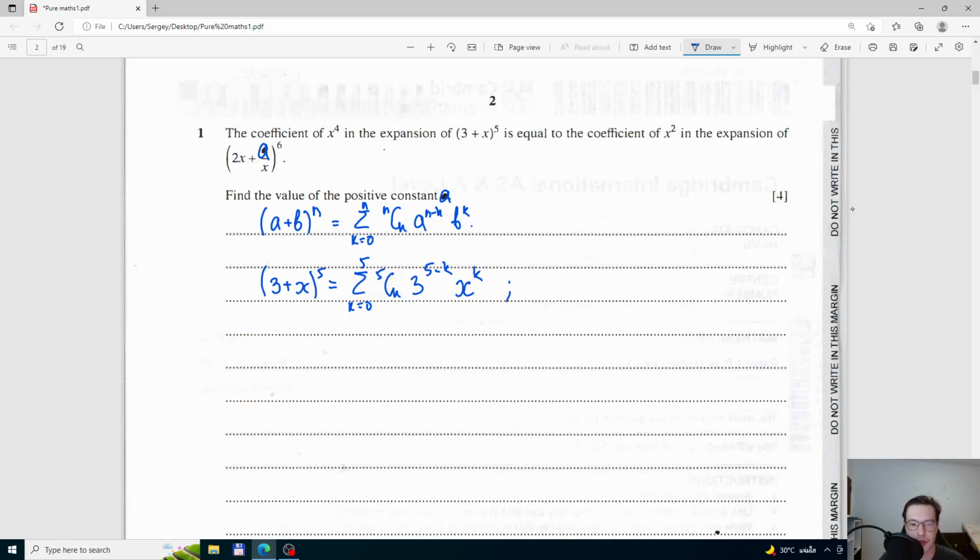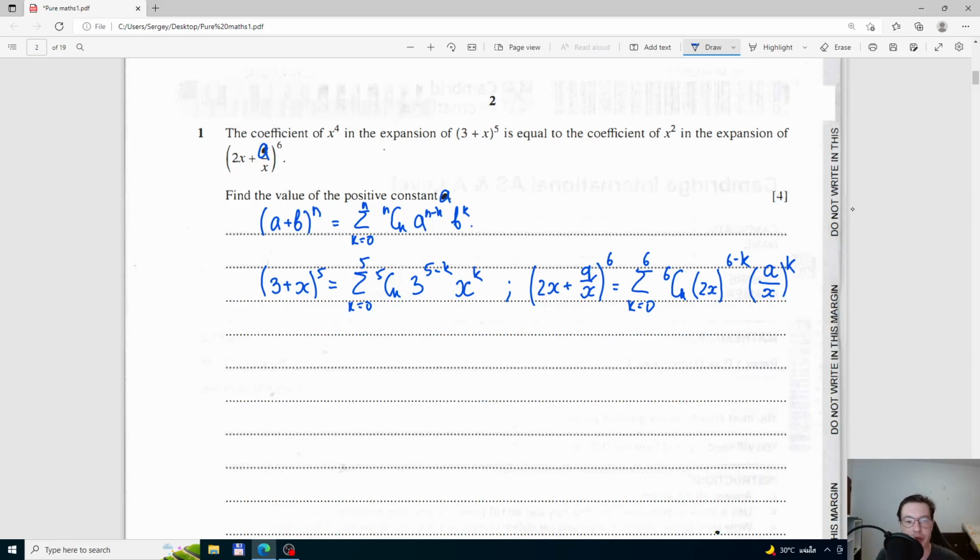And the second bracket will give us the sum, k goes from 0 to 6, of 6Ck, (2x)^(6-k), (a over x)^k.